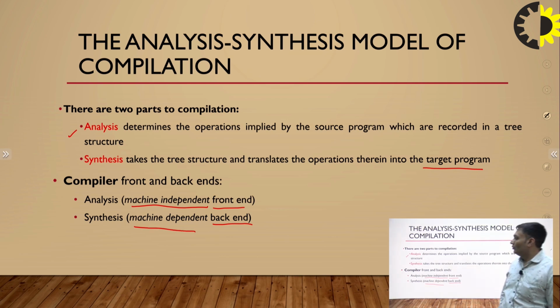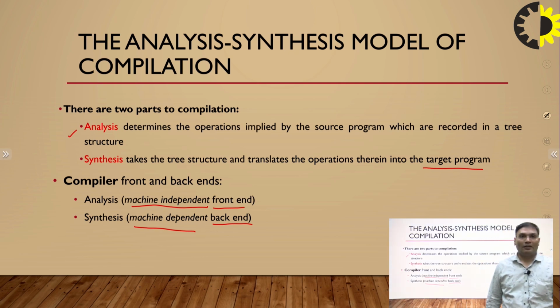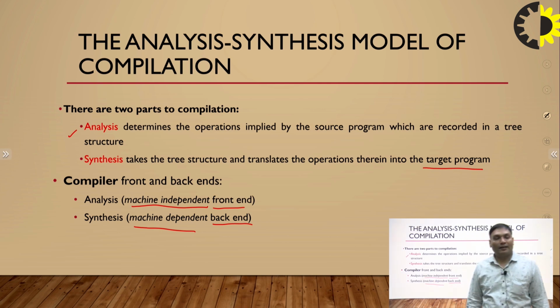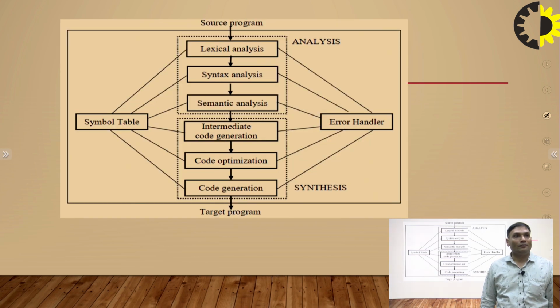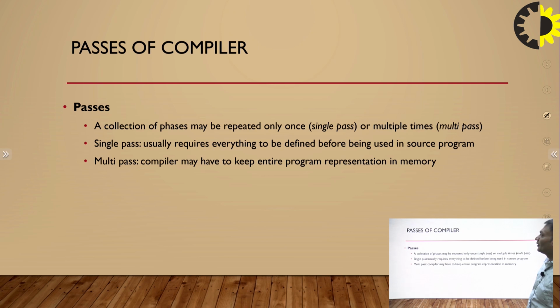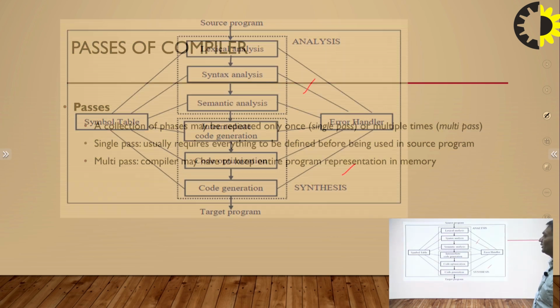Sometimes it may be asked what the front end and back end of the compiler are. The front end is the analysis part and the back end is the synthesis part. Here we can see this is the analysis part and this one is the synthesis part.